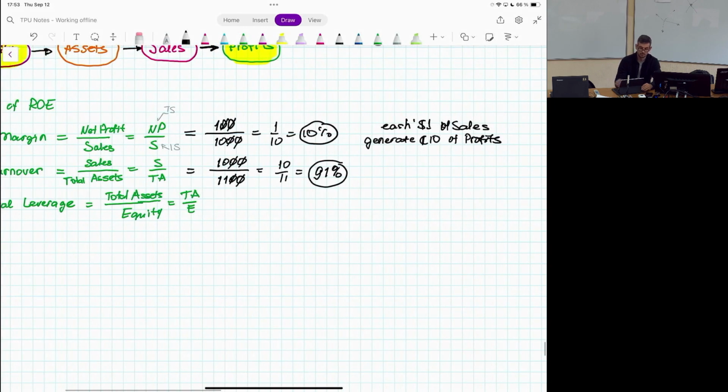91%. So we see the number, we try to understand. What does it show? We relate sales to total assets. It means that each $1 of total assets generates 91 cents of sales.